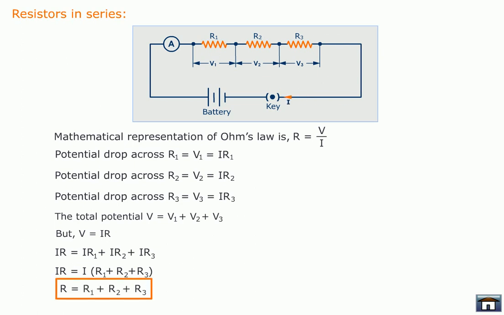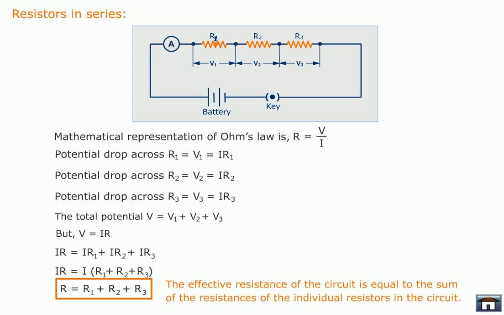Then we get R equal to R1 plus R2 plus R3. That means if the resistors are connected in series, then the resultant resistance is equal to the sum of the individual resistances. If two or more resistors are connected in series, the effective resistance of the circuit is equal to the sum of the individual resistances in the circuit.